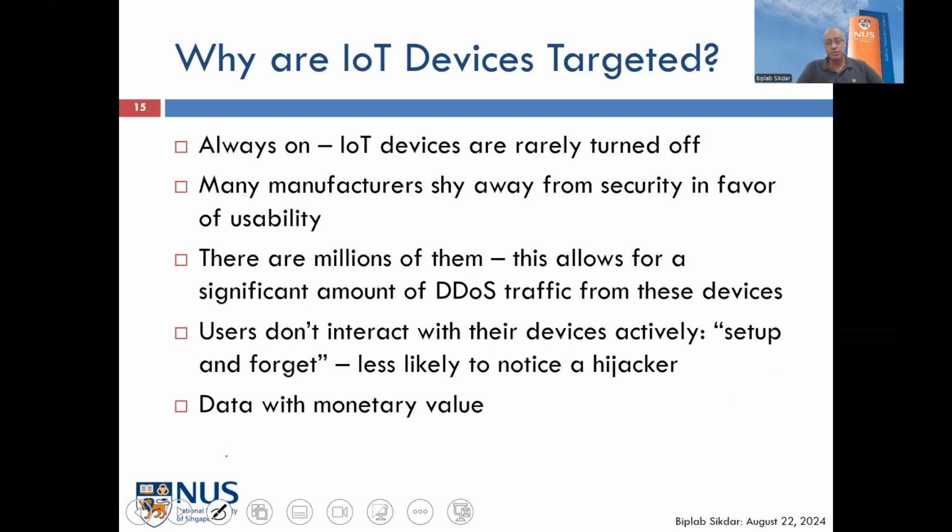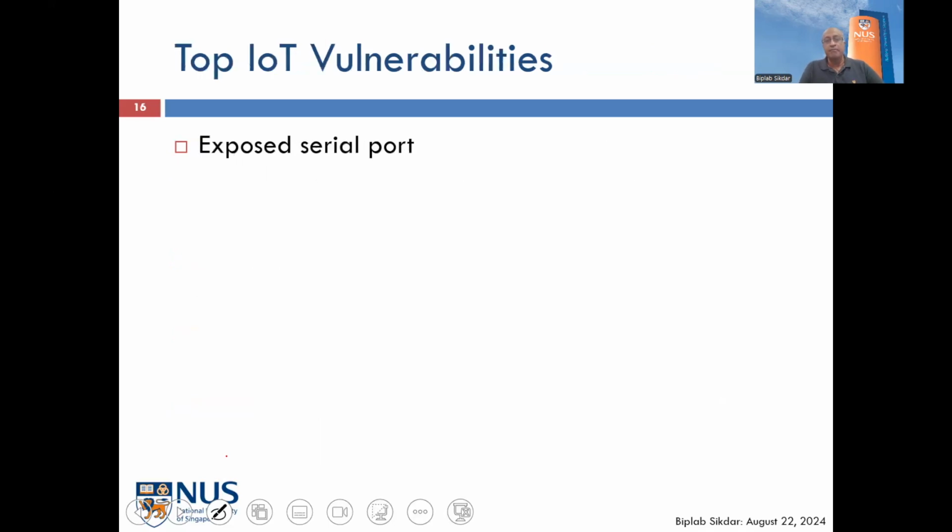I don't implement them just to make it easy. And a lot of the data that's generated by IoT devices has monetary value, so hackers want to get into them. And in many cases, IoT devices are set up and forget. So we don't interact with them on a daily basis. So even if they're hacked into, we may not know that for a long, long time.